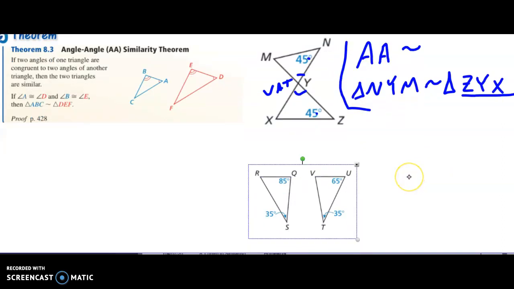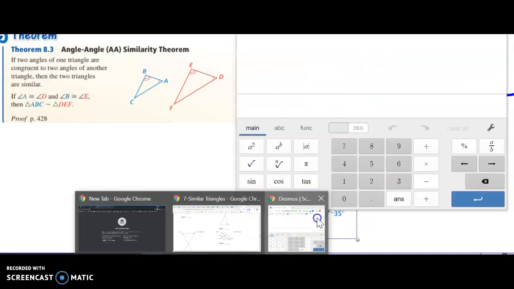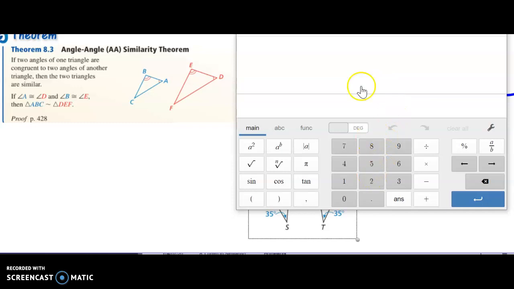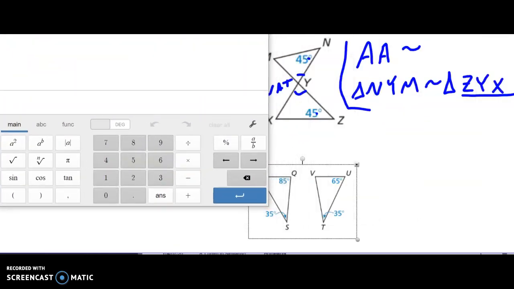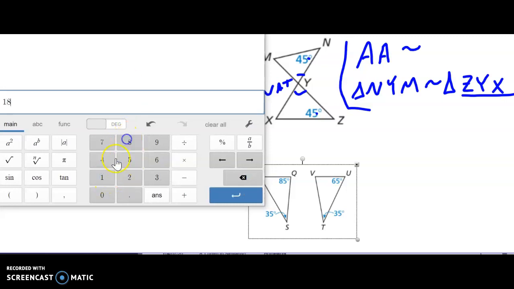But let's look at this one down here. 35, 35, these 2 don't match, but we want to be careful because maybe 85 is this one. And so we can do a little bit of math. I can come in here and do 180 minus 35 minus 65, and it's 80.